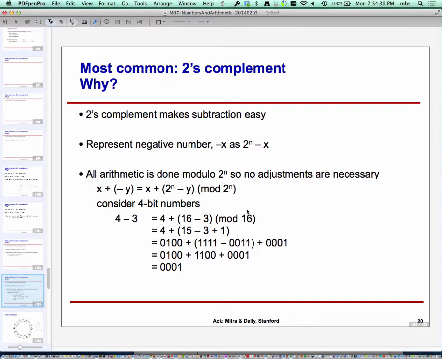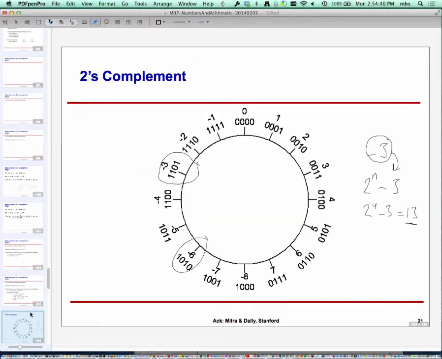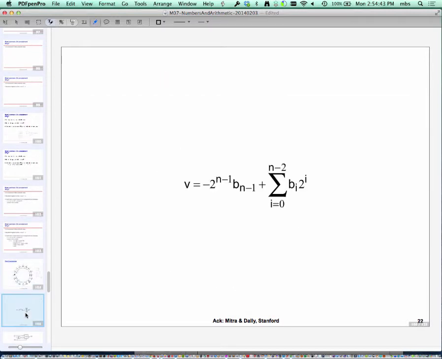So with 2's complement, subtraction works out very well. We have a strategy for representing negative numbers, which again is the same wheel that I had shown before. What it means is that just by reinterpreting what we do, if I give you n bits, b_(n-1) down to b_0, normally when we do unsigned arithmetic, we think of them as numbers which are all positive.